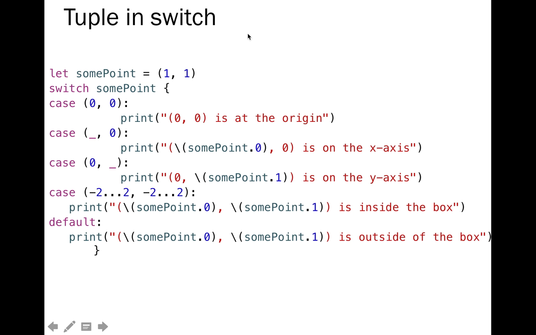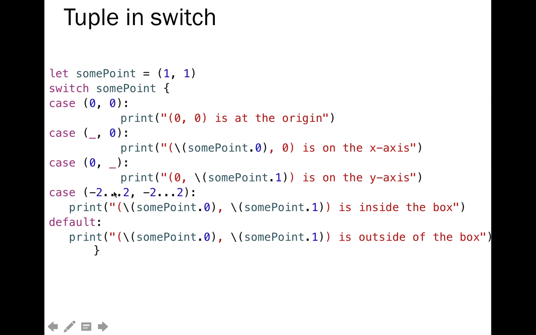Sometimes in a switch, we can also use a tuple as a case. For example, we define that somePoint tuple is (1, 1). If the case is (0, 0), we print out this one. If the second element is 0, and the first one we don't care, it can be anything, we print out this one. Also, sometimes the first element is 0 but the second one can be anything, and we print something.